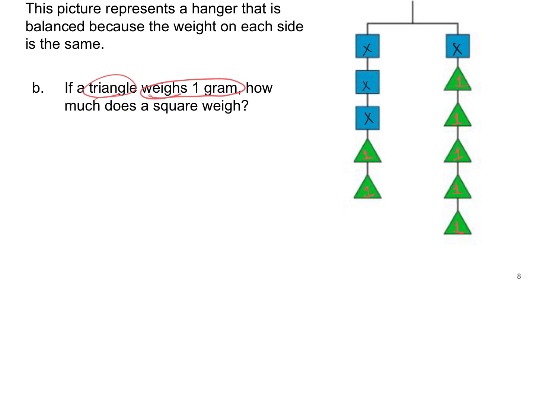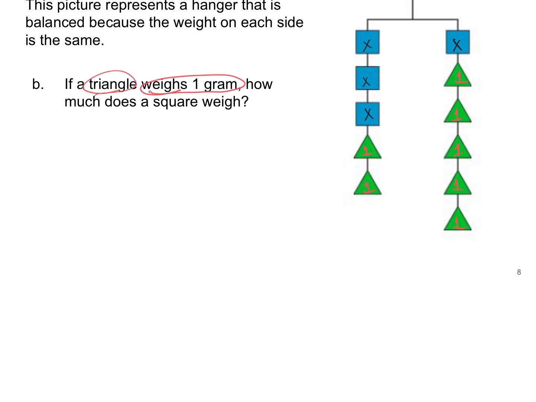And let's move this up. So let's remember that a hanger is the same. What do I have on the left-hand side? I have 3 X's and then I have 2 1s. That is equal to the right-hand side. I have an X and I have 1, 2, 3, 4, 5 1s.